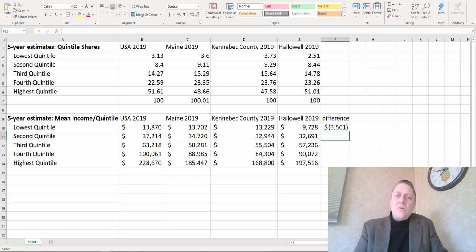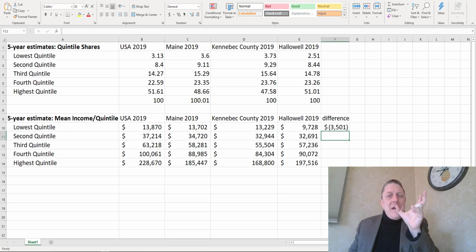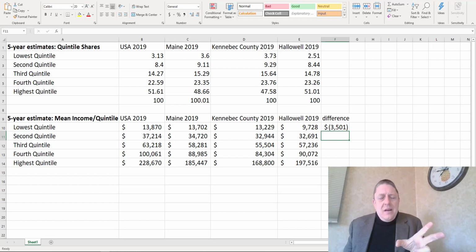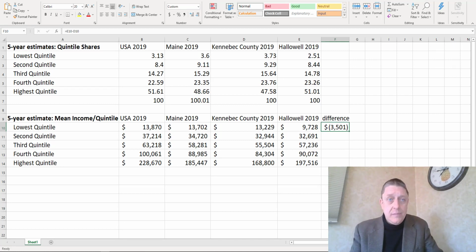So Hallowell, the lowest 20% of people in Hallowell earn quite a bit less, especially when you notice the units are small. When you are talking about only earning a few $1,000s a year, wow. The poorest people in Hallowell really are not earning very much money at all, less than $10,000, and $3,500 less than in Kennebec County overall.